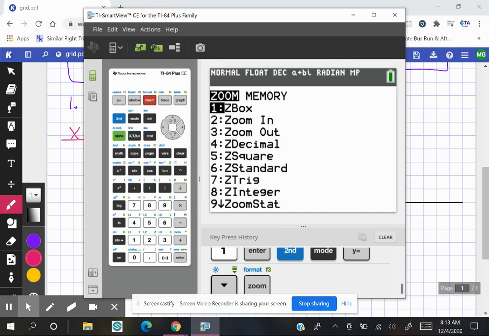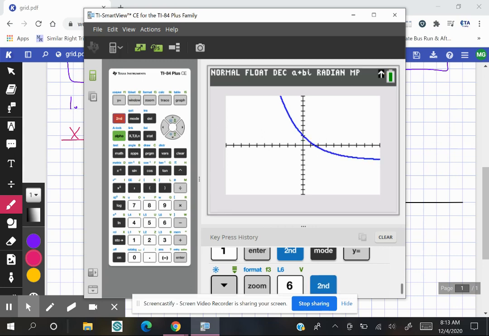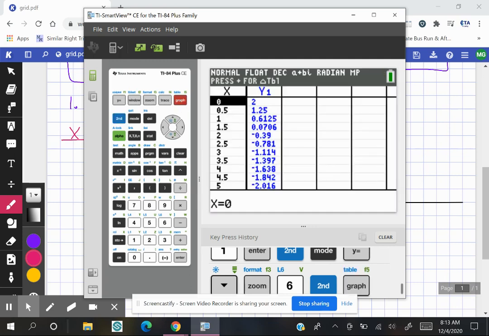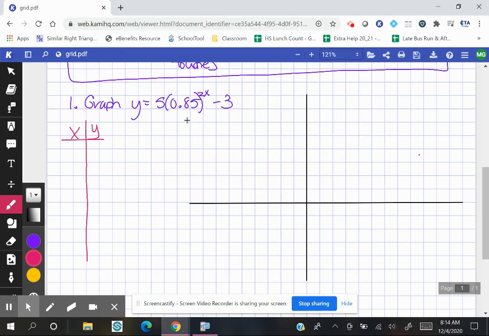After that, I'm going to hit zoom 6 just to see what this graph looks like. Okay, and then making sure it's an exponential. I notice that it's going down. So this looks like it's going to be decay. And I'm going to go to my table. I want to make sure I choose some negative values and positive values and write them down in my table.